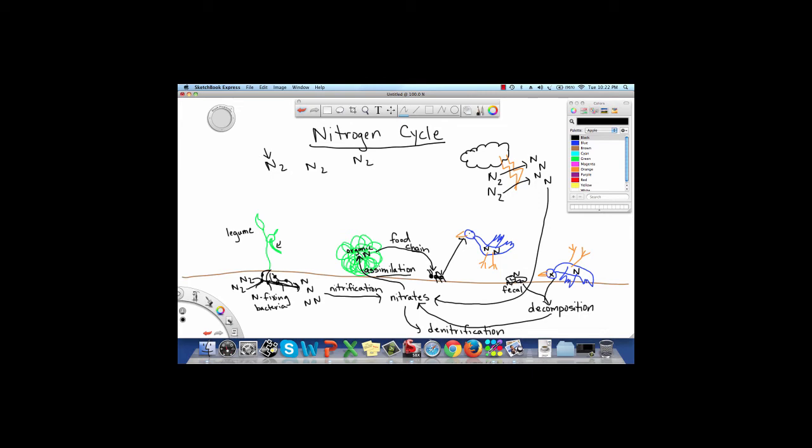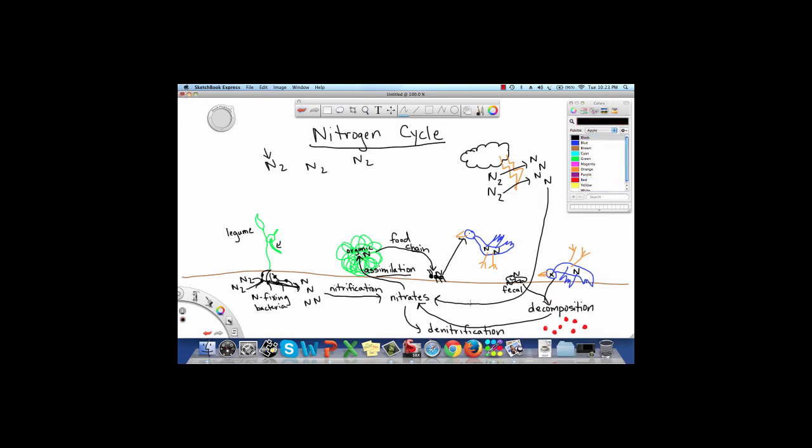Well, it turns out there's another kind of bacteria that are found living freely within the soil. They especially like waterlogged soil or real boggy, marshy areas. And these bacteria are called denitrifying bacteria. I'm just going to draw them as little red dots living freely in the soil. They're not attached to any roots of plants or anything like that. They're just found in the soil.